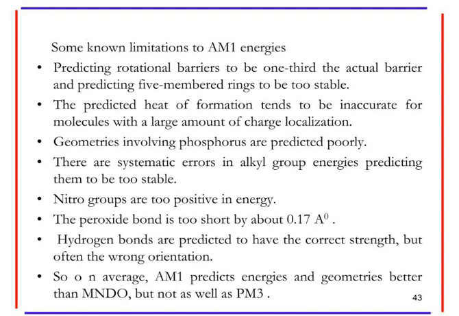Nitro groups are too positive in energy. The peroxide bond is too short by about 0.1 angstrom. Hydrogen bonds are predicted to have the correct strength but often the wrong orientation. So on average, AM1 predicts energy and geometry better than MNDO but not as well as PM3.